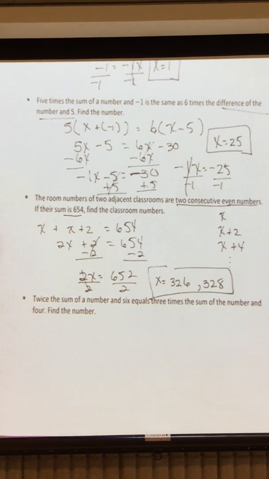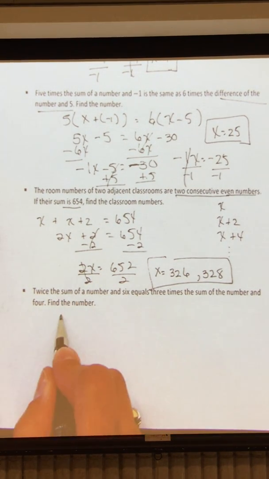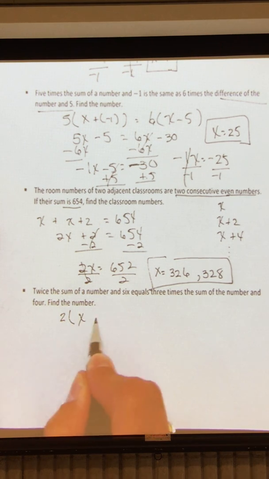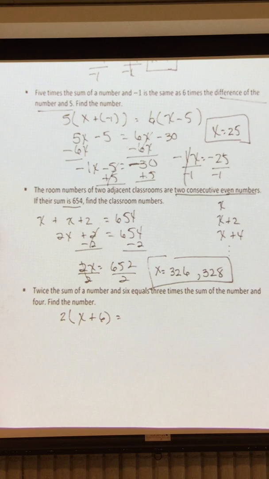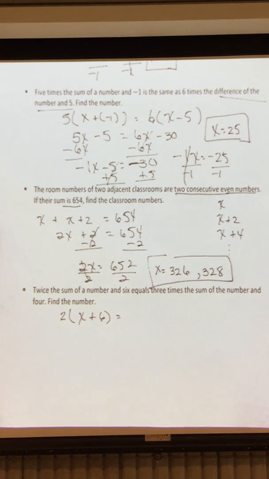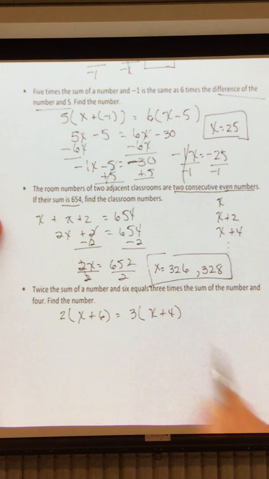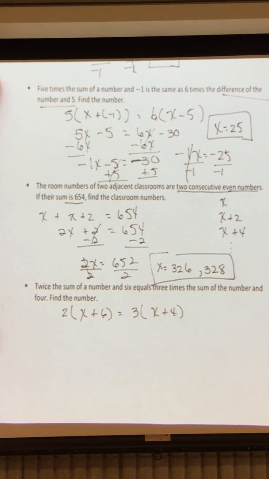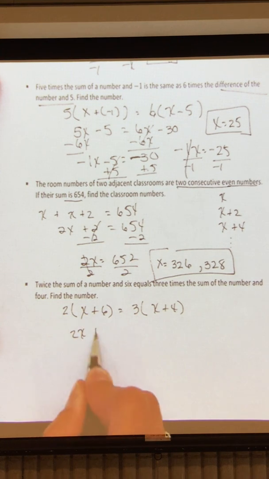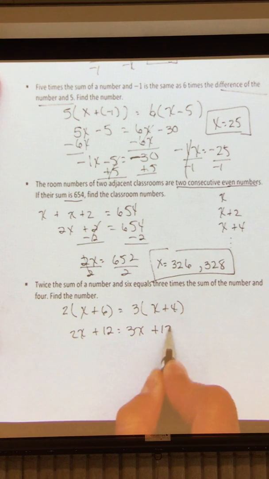And the last of these word problems is twice the sum of a number and 6 is equal to 3 times the sum of a number and 4. So let's distribute and combine like terms. 2x plus 12 is equal to 3x plus 12.